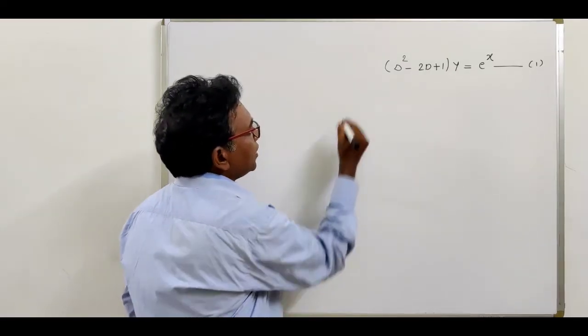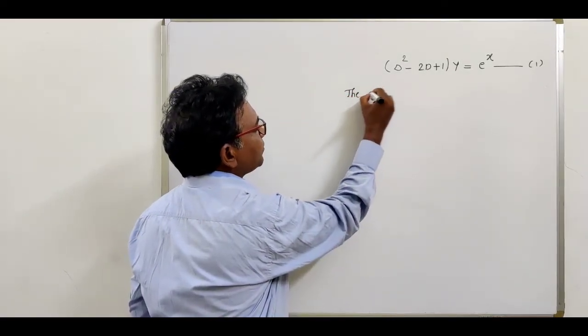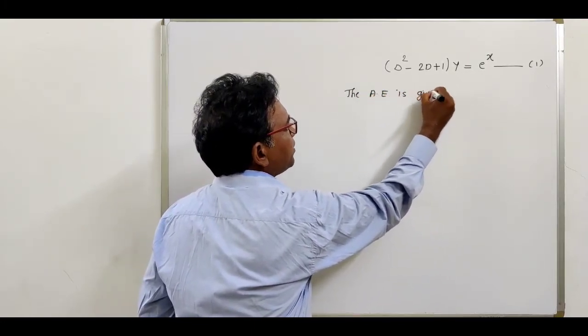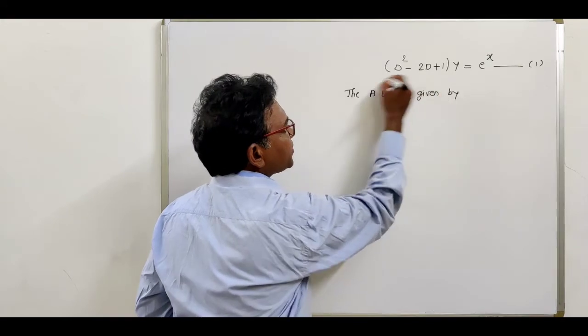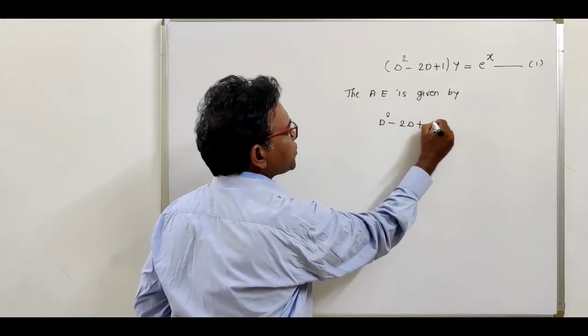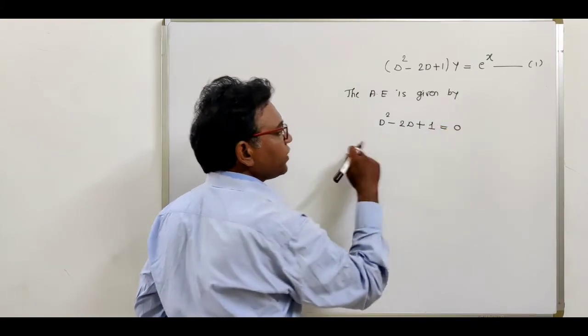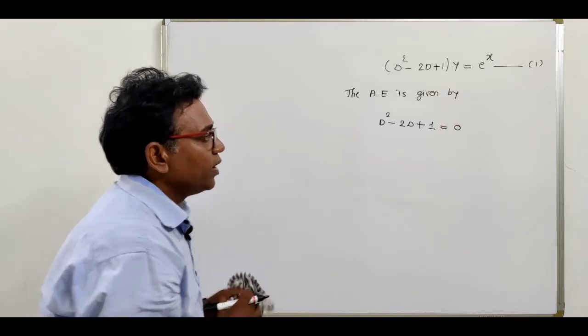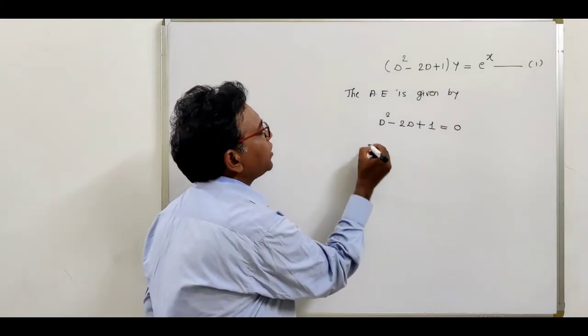So write down the auxiliary equation. Just take this differential term D squared minus 2D plus 1 equal to 0, that is called the auxiliary equation. Now find out the root or find out the factors.